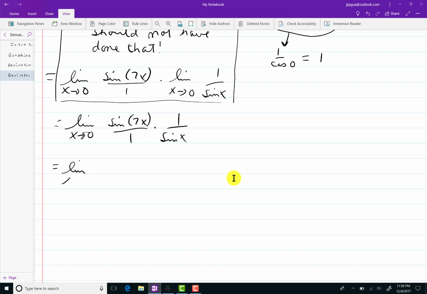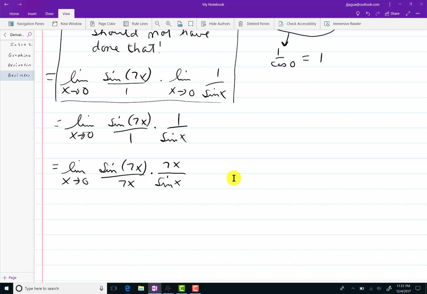This is the limit as x goes to 0 of sine 7x over 7x. Now, to make up for what I forced into that spot, I can multiply the second fraction's numerator by 7x. Now I'm getting somewhere.